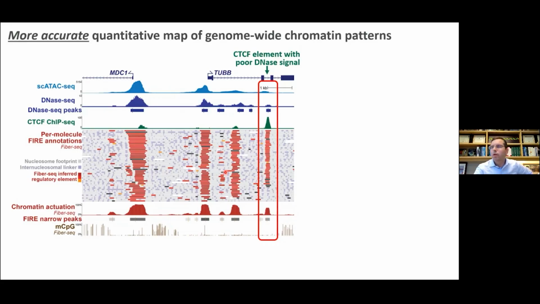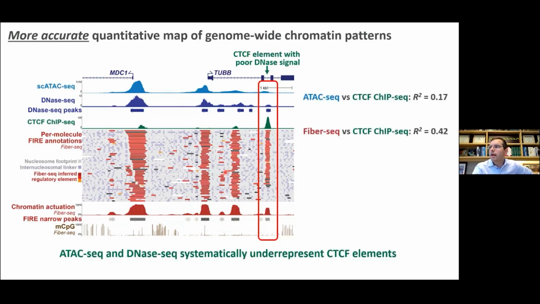And what we found when looking through this data is that there appears to be actually a systemic underrepresentation in existing short read-based approaches of these small regulatory elements, like CTCF being one of the major ones in mammalian systems. And this is likely due to the actual kinetics of these scissors in terms of having actually cut multiple times within a smaller landing pad as opposed to a larger landing pad.